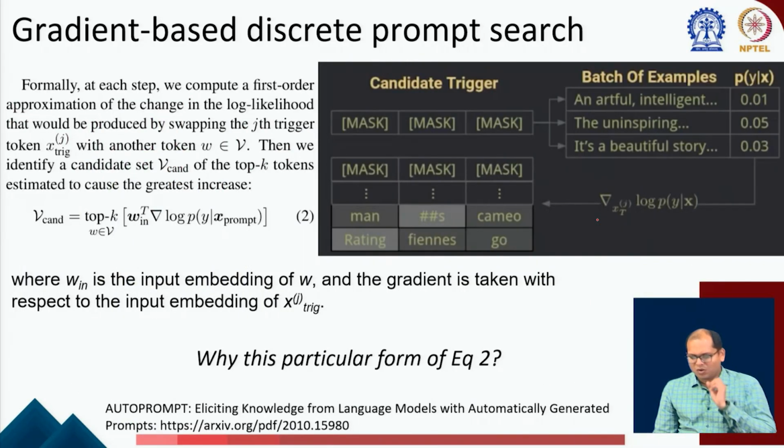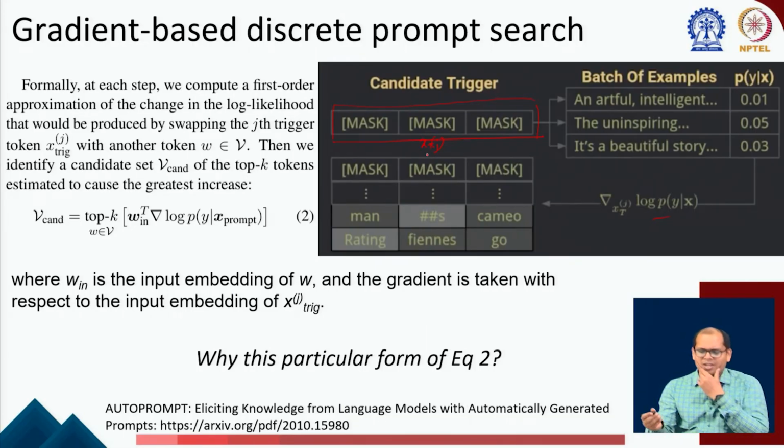Next, they do something very interesting. Now I have computed the probability of my class given this input, with all masks as the triggers. Now I'll take the gradient of the loss, which is minus log probability of y given x, with respect to the jth trigger token, x_tj.